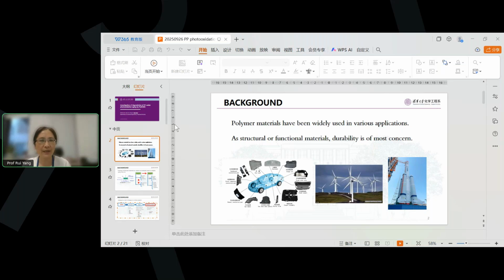Polymer materials serve their function under the combined effect of various environmental factors, such as oxygen, humidity, radiation, temperature, mechanical loads, and other things.